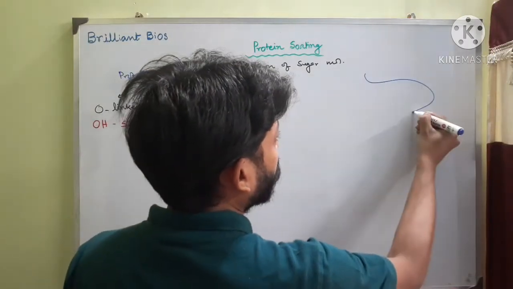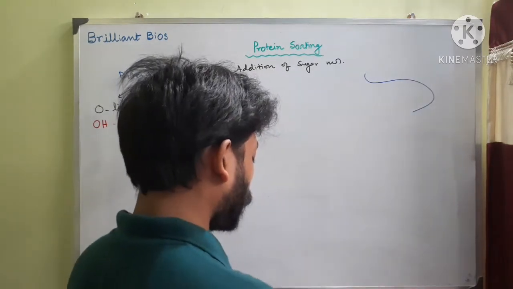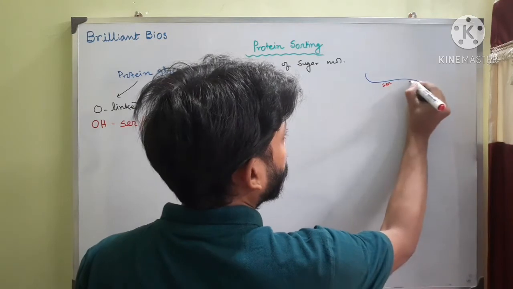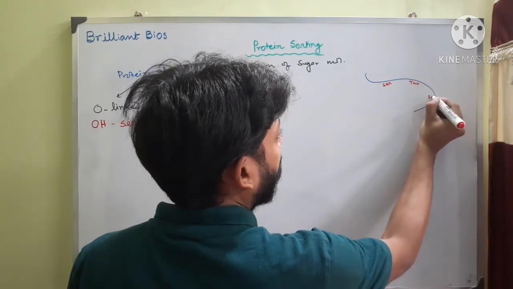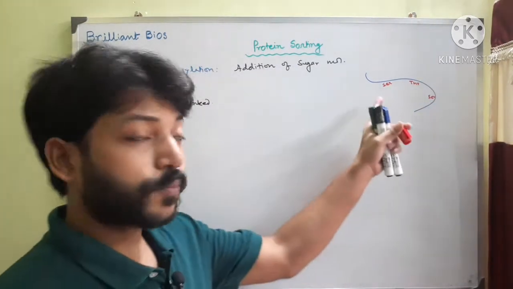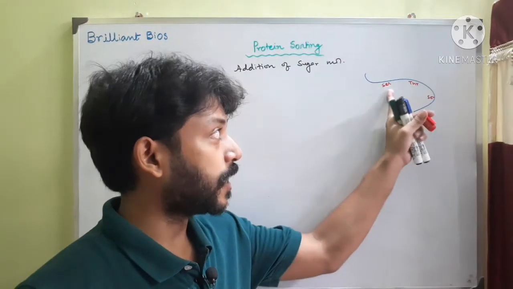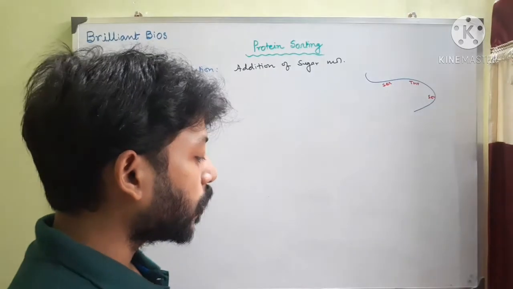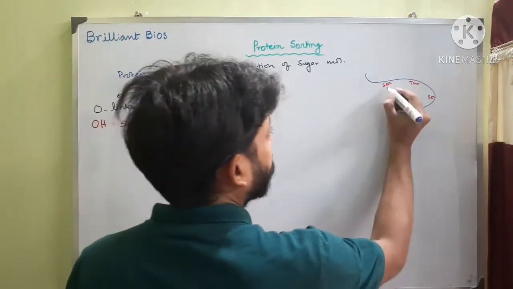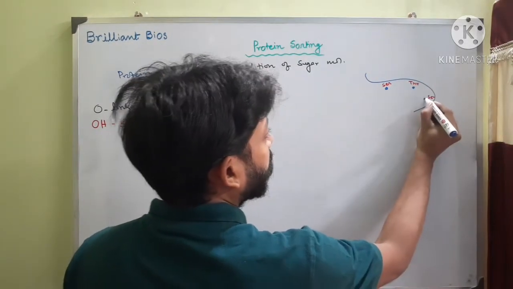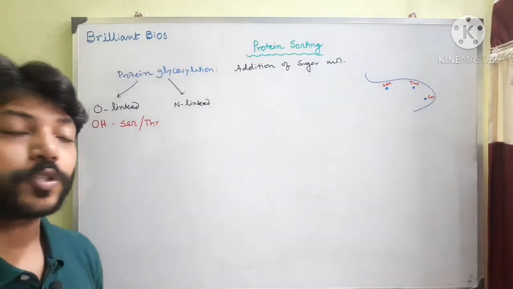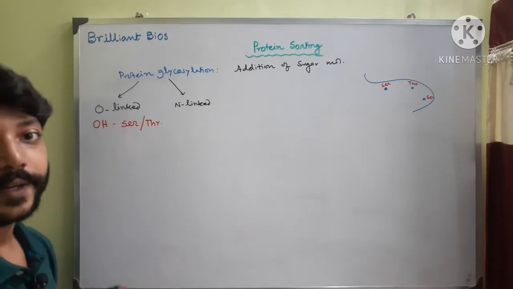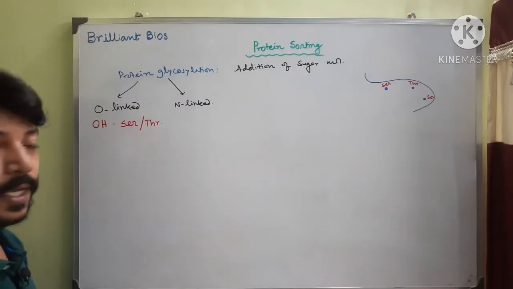If this protein has serine or threonine amino acids at these positions, then sugar molecules are added at these sites. So when sugar molecules are added to the serine or threonine amino acids, it is called O-linked oligosaccharide or protein glycosylation.